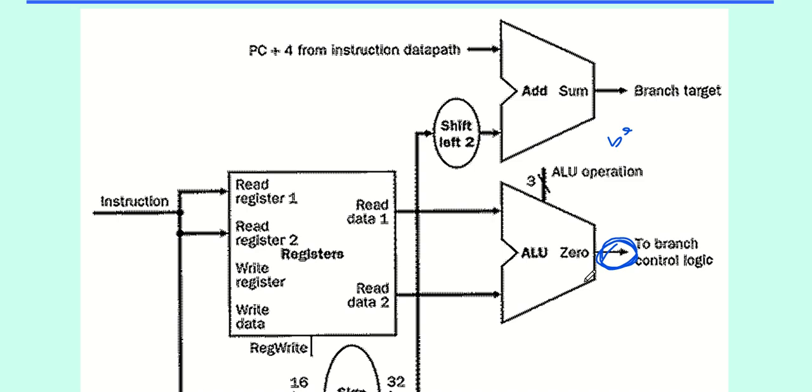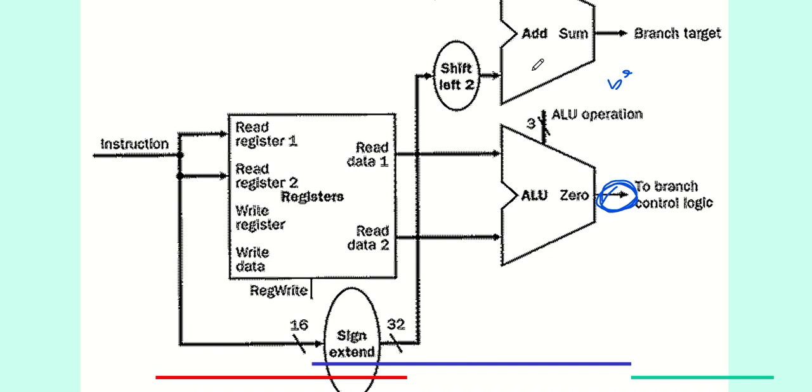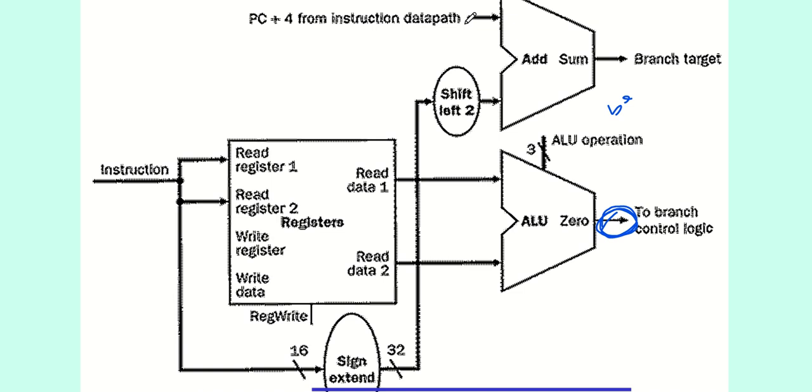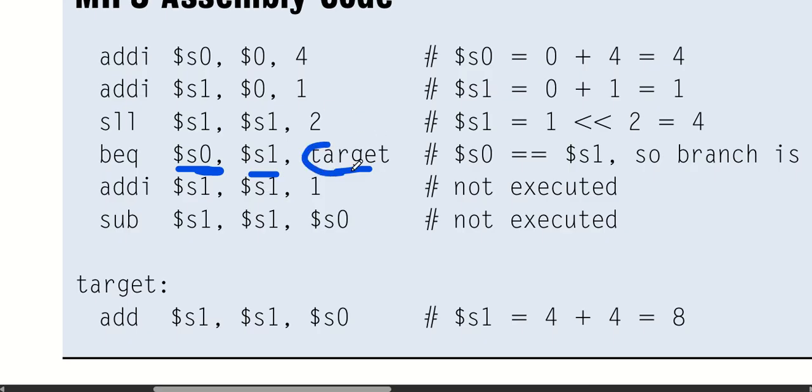You also need this second adder for the branch target address evaluation. So you need PC plus 4, and you also need to sign extend the 32-bit immediate field. Remember that there's an immediate field here. This target is an address, which we call the branch target address.